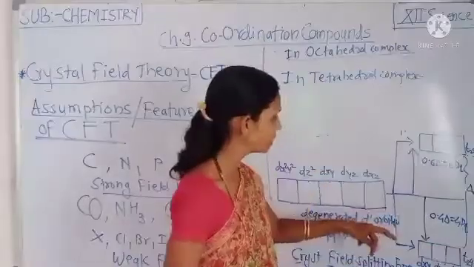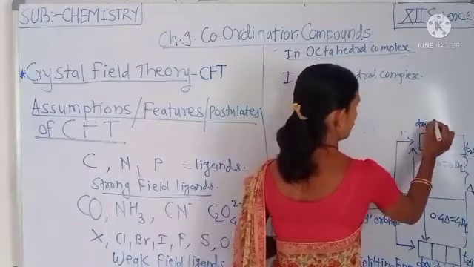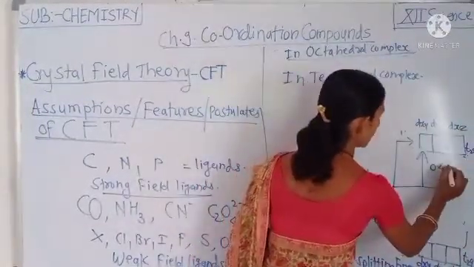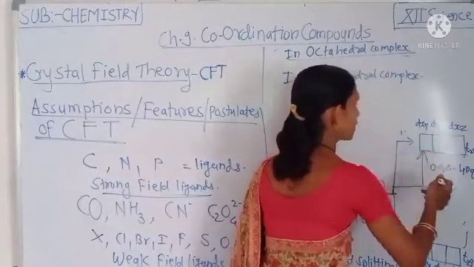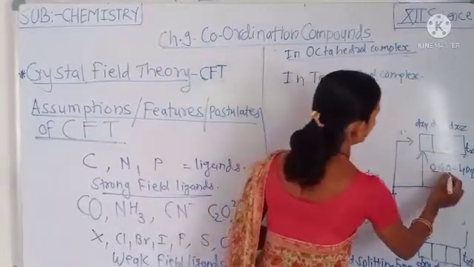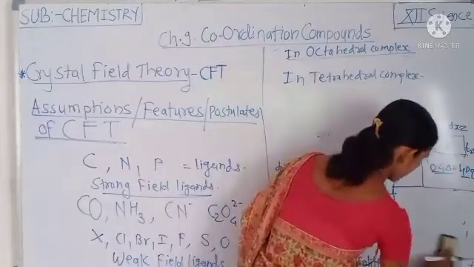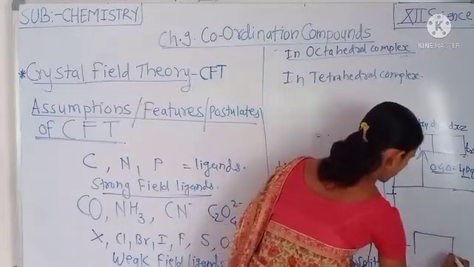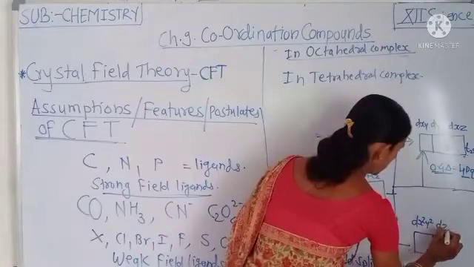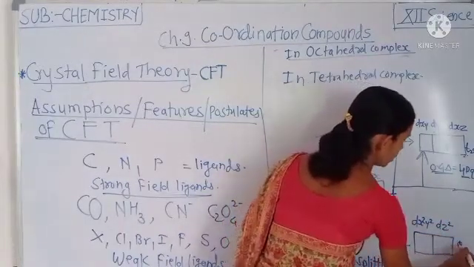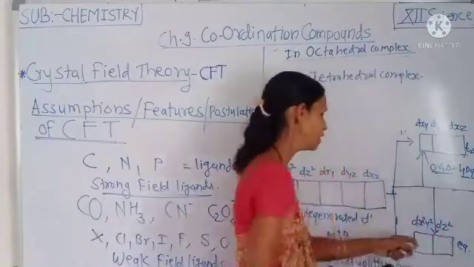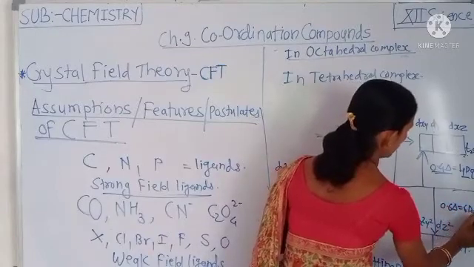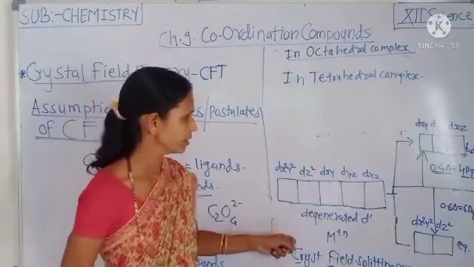These orbitals, dxy, dyz and dxz, possess higher repulsion by 0.4 delta, that is 4 Dq, and electrons entering these orbitals are raised in energy by 0.4 delta or 4 Dq, while the lower energy levels, the remaining set of d orbitals, that is the Eg orbitals, dx2y2 and dz2, are lowered by 0.6 delta, that is 6 Dq.